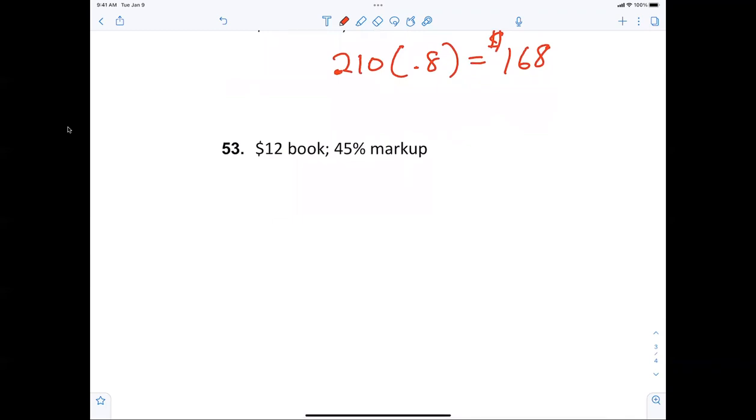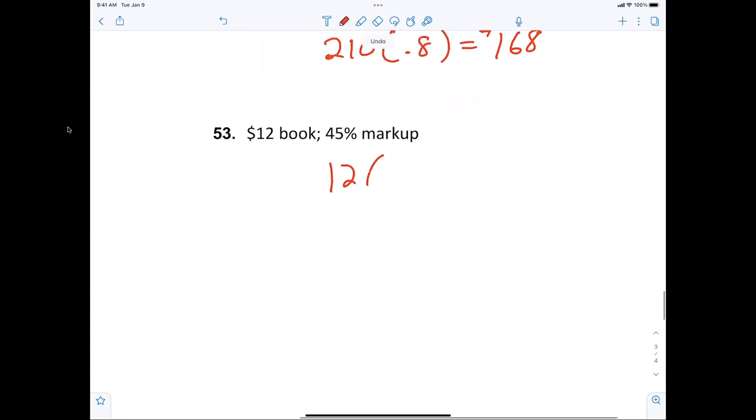What are we doing for 53? 12 times 0.4. Oh, no. Well, point 55, 0.55. What is that? Oh, mark it. So what are we multiplying by? $1.45.